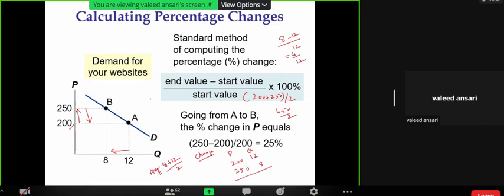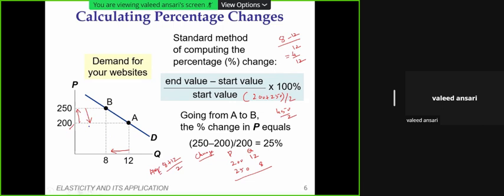Then whether you calculate the elasticity for an increase or a decrease, you will get the same number. Otherwise, if you do not do this, then, this is homework for you, from the increase and decrease you will get a different number.